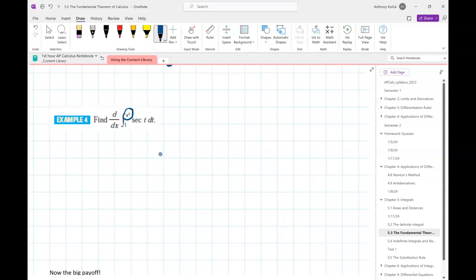So this is a little bit different because this is a function now in terms of x. So this is like a chain rule problem, right? So remember way back when, if we have the function f of g of x, you can do something like let u equal g of x. So that becomes f of u.